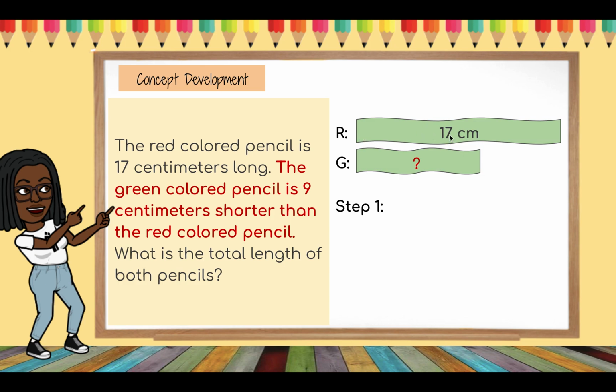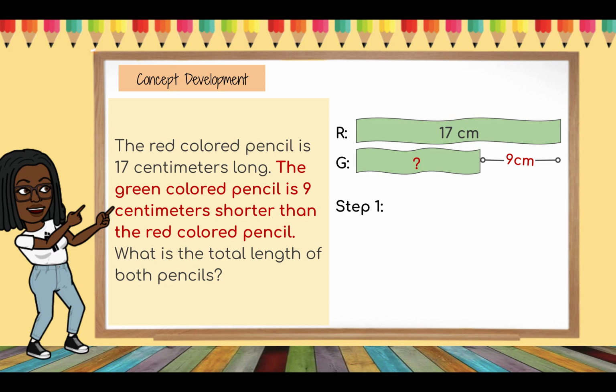The next part says the green colored pencil is 9 centimeters shorter than the red colored pencil. So if we have our drawing for our red colored pencil and we know that the green one is shorter, I decided that I was going to write a G to represent my green colored pencil. And then I drew a shorter strip because we know that it is shorter. But how much shorter is it? It is 9 centimeters shorter than our red colored pencil.